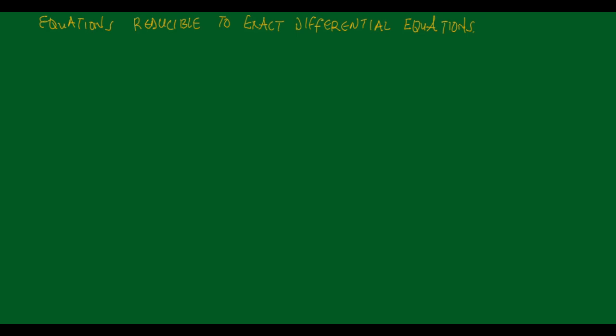But there's also an option amongst the other options that we have. There's a possibility of converting this inexact differential equation to an exact differential equation. But how do we do that? We multiply this inexact differential equation by a suitable function that is known as an integrating factor.